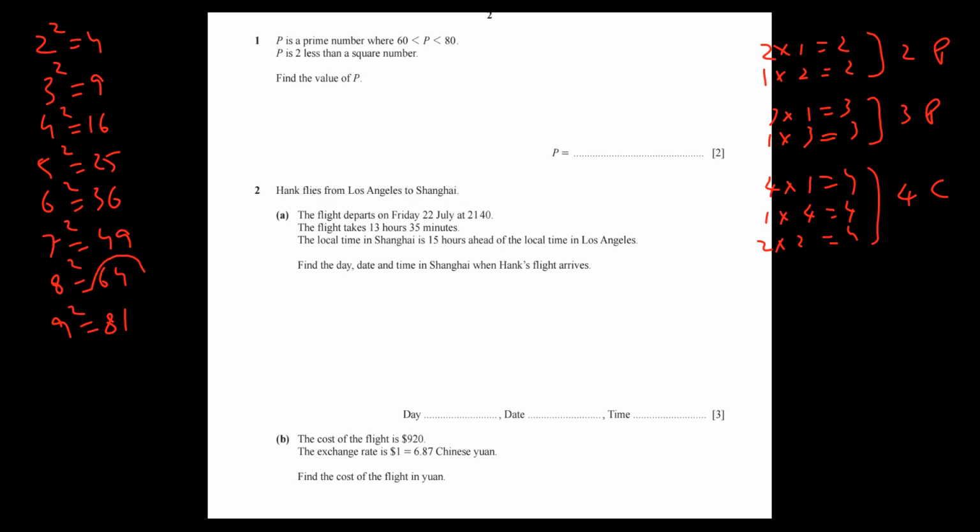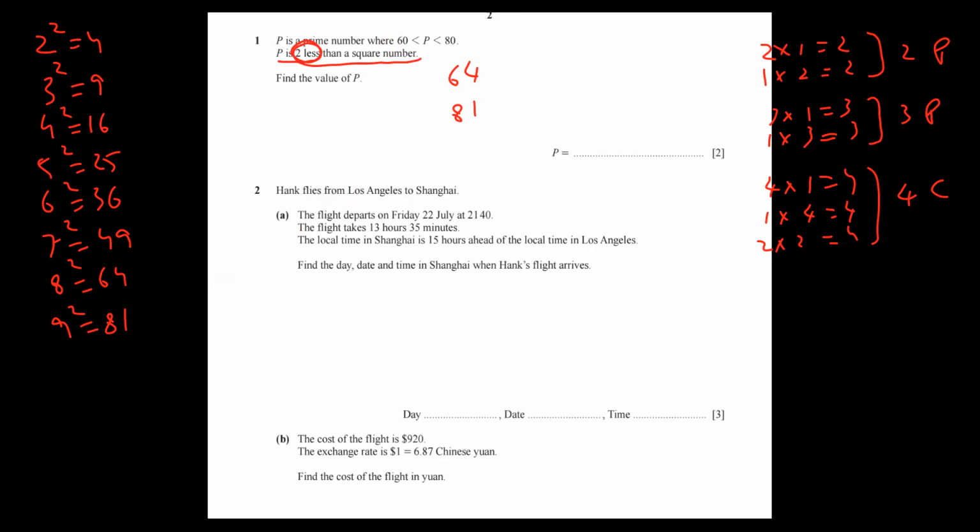64 is coming in the boundary limit, but 81 is not coming in the limit, but I have to consider both. So 64 is one square number, 81 is the second square number. He said P is 2 less than the square number.